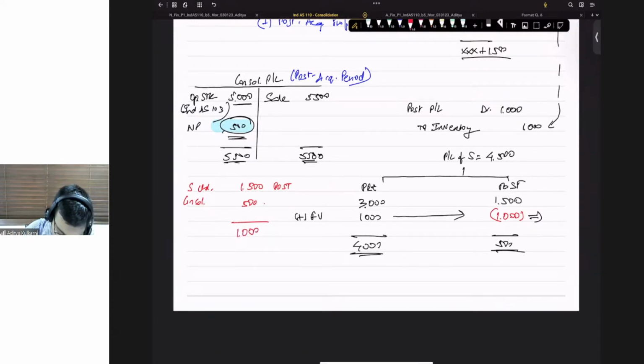That means your post P&L will face a decrease of 1,000. This much impact should come in my financials. 1,000 rupees profit should go down.